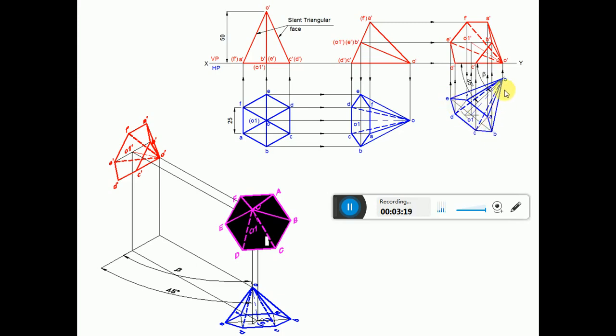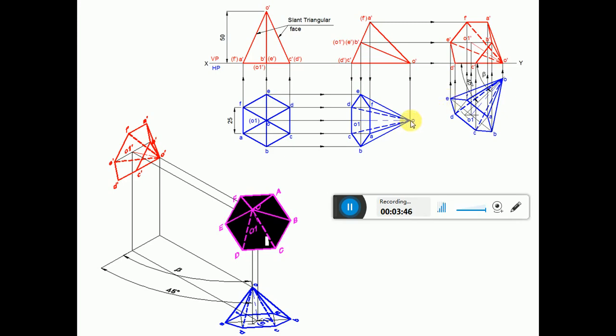Then by using the compass, measure the distance from O1 to B and from O1 to E. Transfer it onto the third position top view. With O1 as center, cut an arc on this side to get this point B. Similarly, with O1 as center, cut an arc on this side to get the point E.